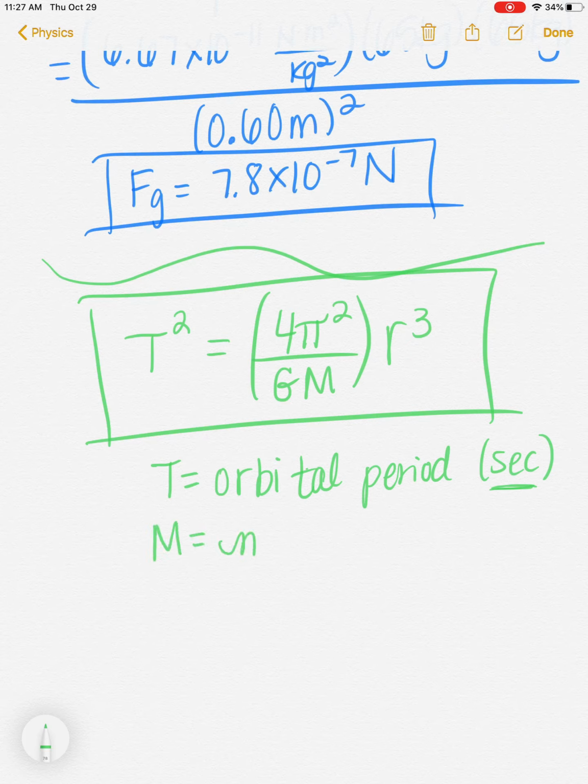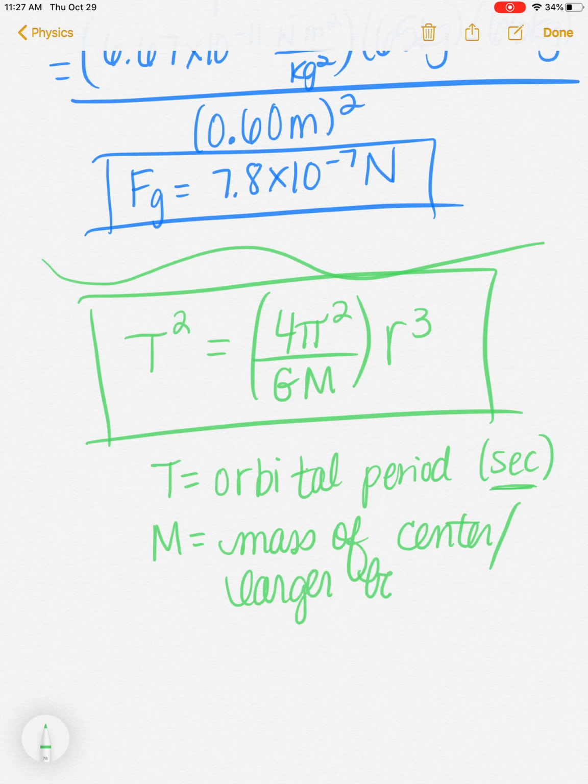The M is the mass of the center or larger body. So if we were calculating the orbital period of the moon around the Earth, we would use the mass of the Earth. If we were calculating the orbital period of the Earth around the sun, we would use the mass of the sun.